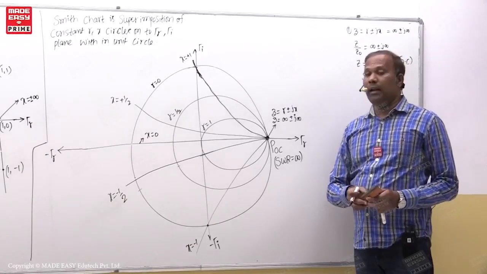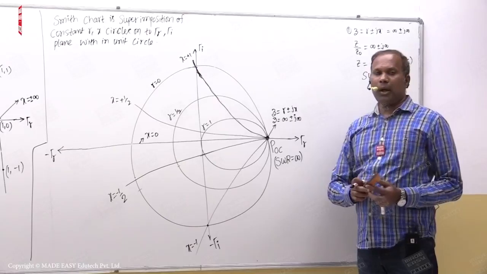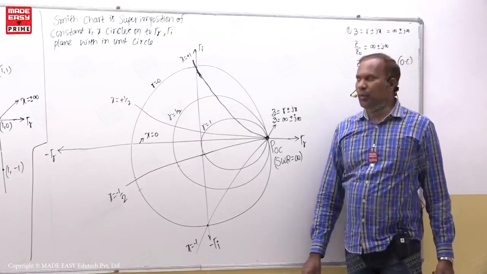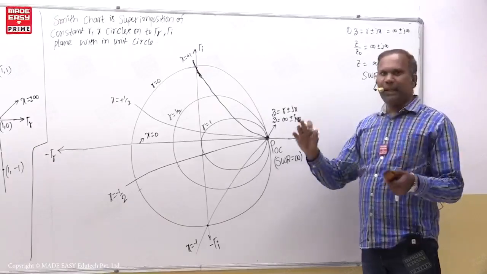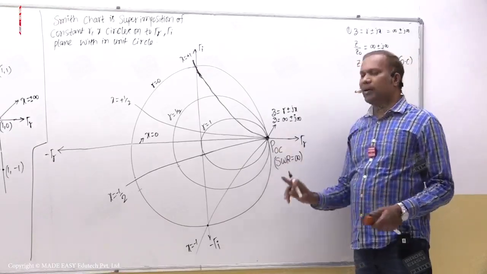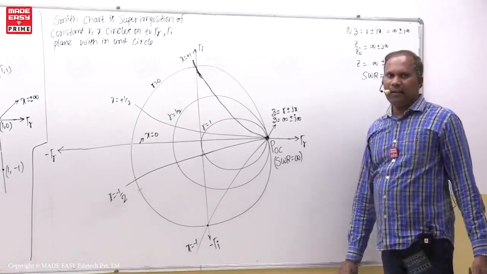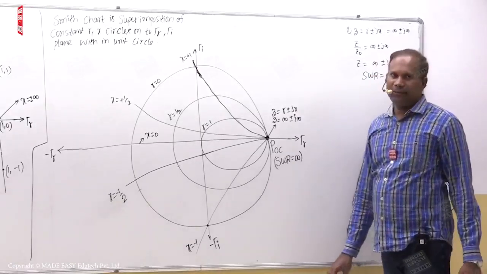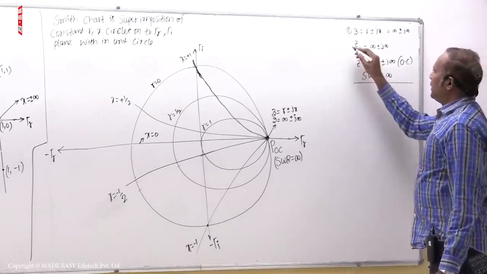For short circuit also I got -1. Then modulus of gamma for short circuit and open circuit is 1, SWR infinity, I wrote there. The same theory is discussed here in the form of picture. That's it. This Smith chart is not something like a ghost. So this came from equations only. Okay, so this is one discussion.